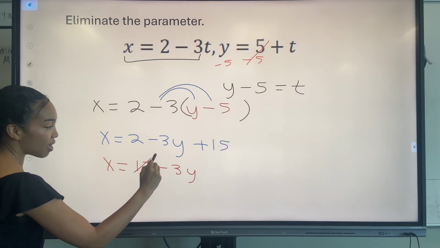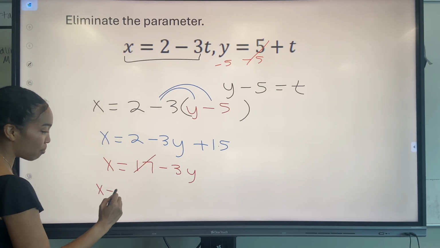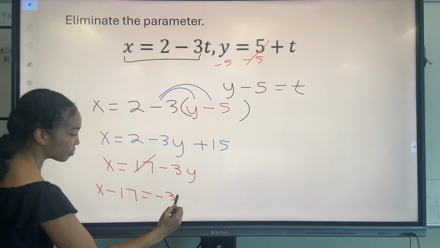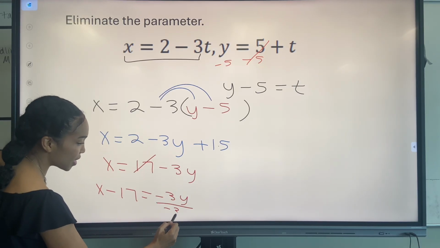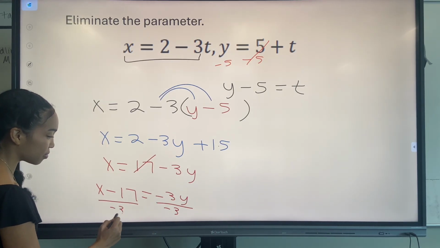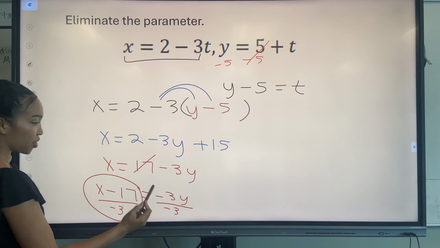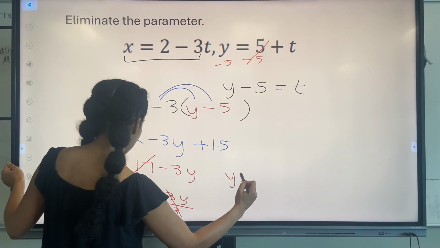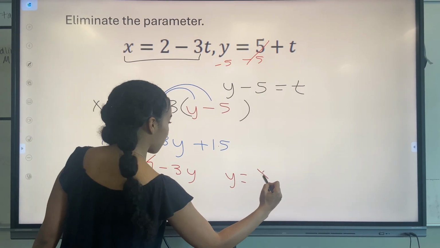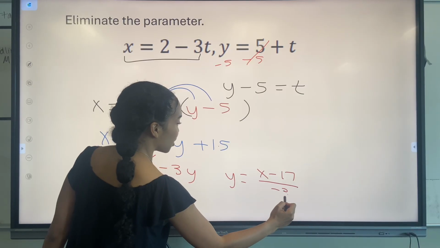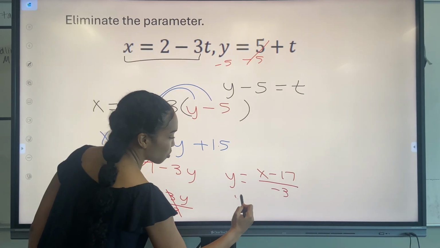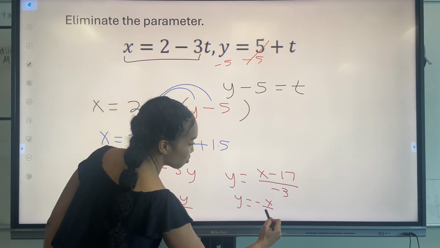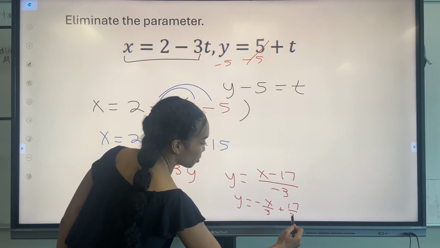I'm going to move this 17 to the other side, making it a minus 17. And then you can divide both sides by negative 3. So this is your answer. Y is equal to x minus 17 divided by negative 3. You could also write it as negative x over 3 plus 17 over 3.